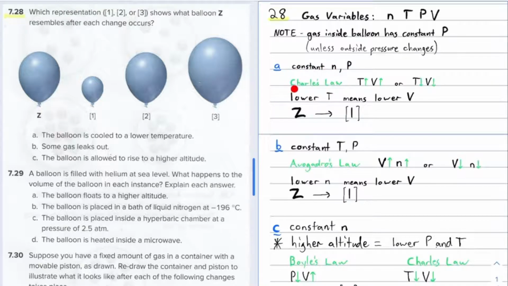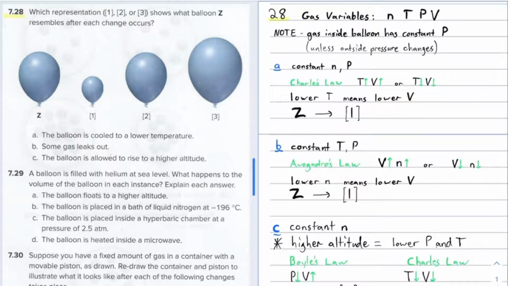Charles' law describes what happens when the moles and the pressure are held constant, and it says that the temperature is proportional to the volume. When one goes up, the other one goes up, or when one goes down, the other one goes down.